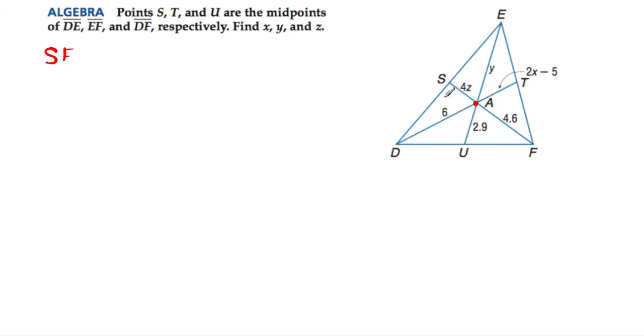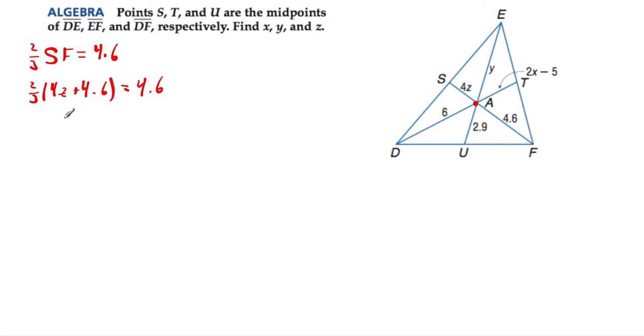So we know that 2/3 of SF is going to be the larger segment here, and that's 4.6. Well, SF is 4Z plus 4.6. So 2/3 of 4Z plus 4.6 is equal to 4.6.